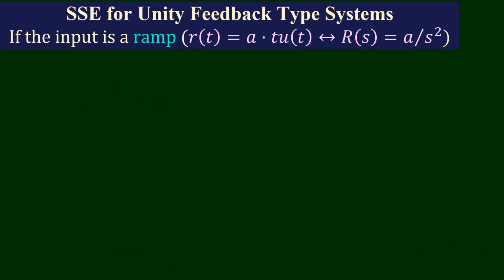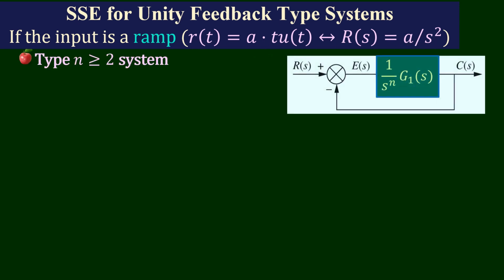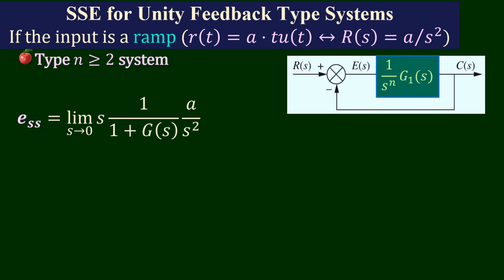The same ramp input, if the type of the open loop system is greater than or equal to 2, and we write the steady state error as we wrote in the previous equation, it is somehow like this.